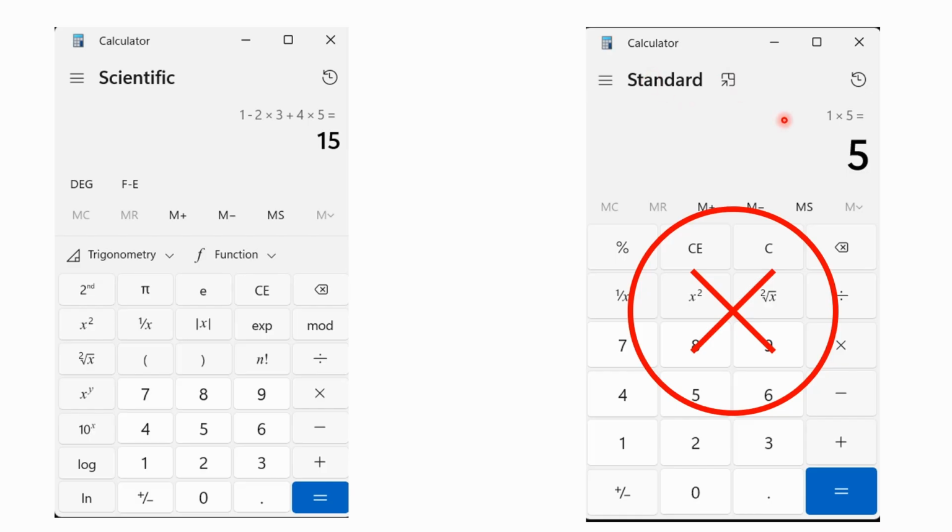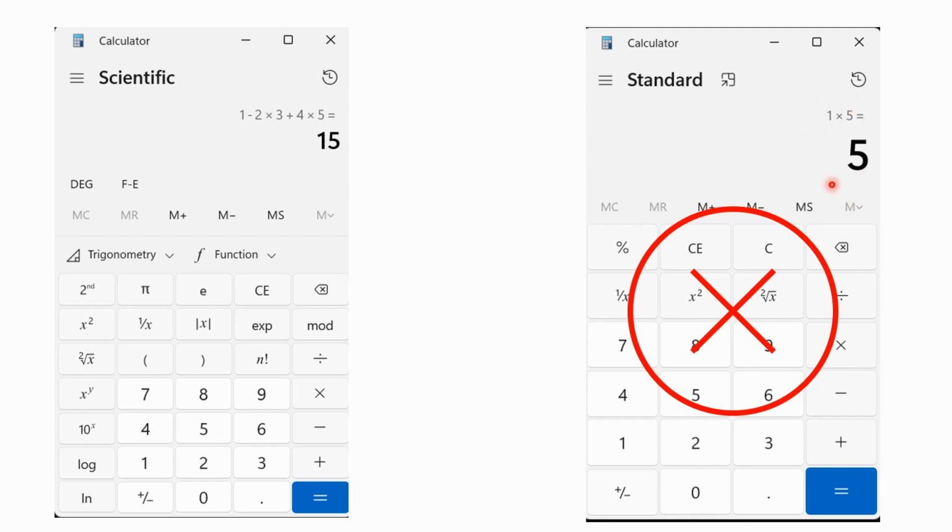And what that means is as you type 1 minus 2, it's going ahead and saying, well, 1 minus 2 is negative 1. And then it's saying negative 1 times 3 is negative 3. And negative 3 plus 4 is what? Negative 3 plus 4 is 1. 1 times 5 is 5.